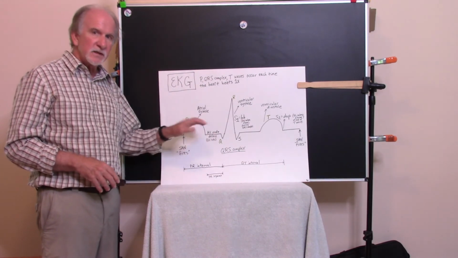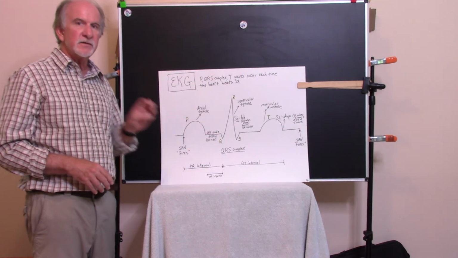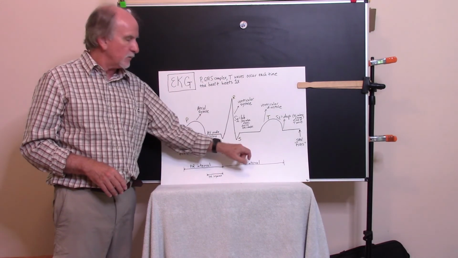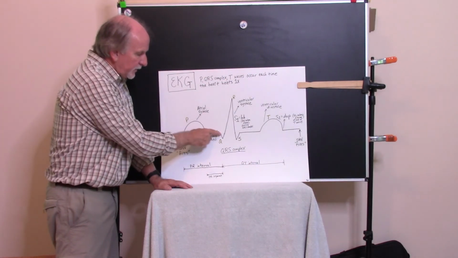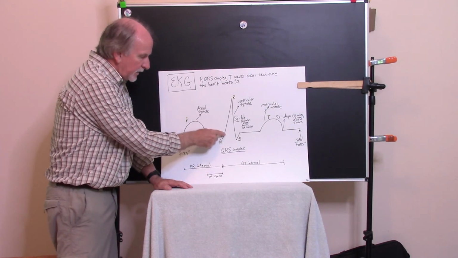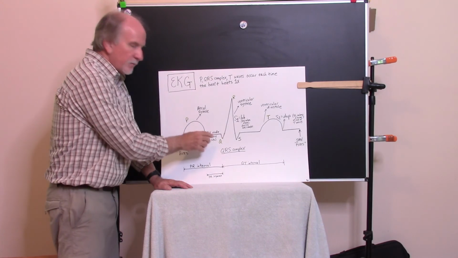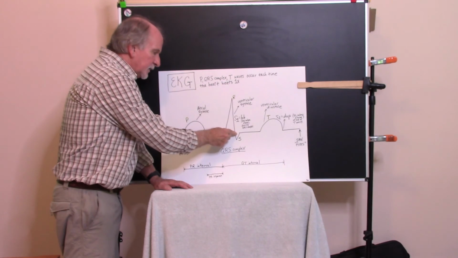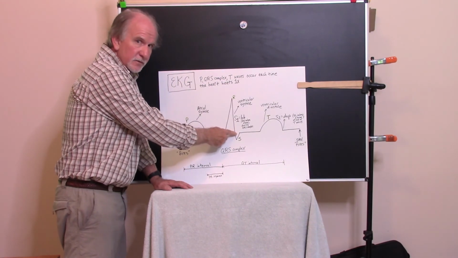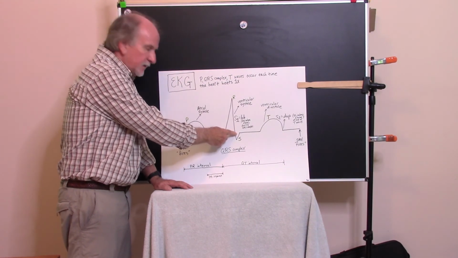Once the impulse leaves the AV node, it generates 3 waves known as the QRS complex. The first wave is the Q wave, and it goes from here and just back up. So this right here is the Q wave. And then after the Q wave, you get the R wave. That's by far the tallest wave associated with an EKG.